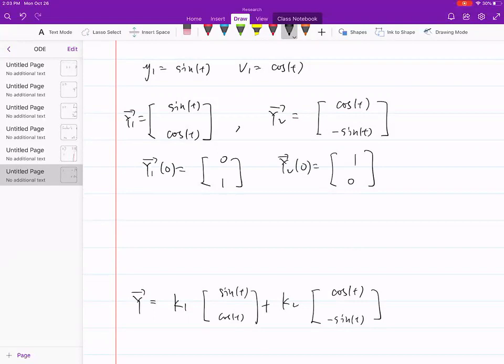Are (0, 1) and (1, 0) linearly independent? The answer is yes. Especially if we have two vectors, you just check if one is a multiple of the other.